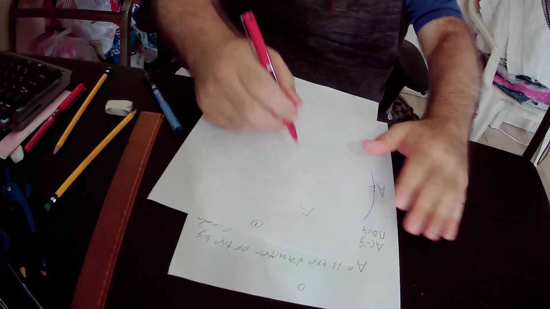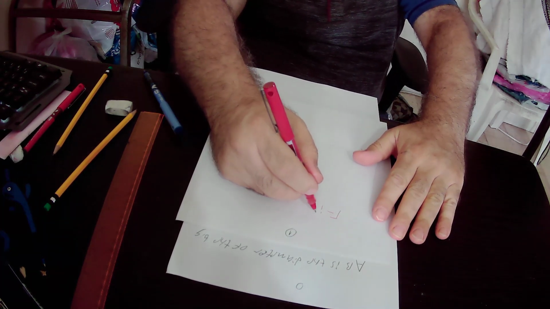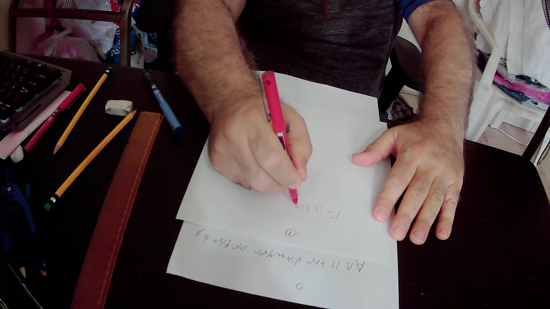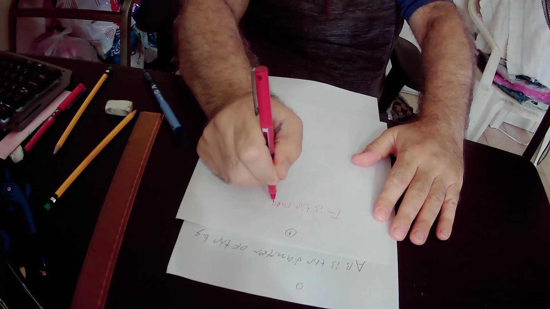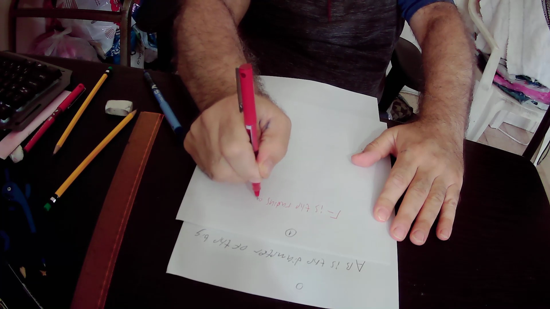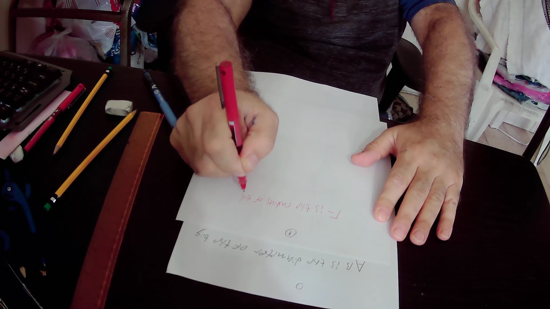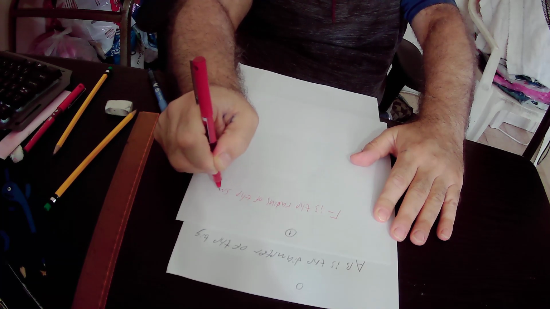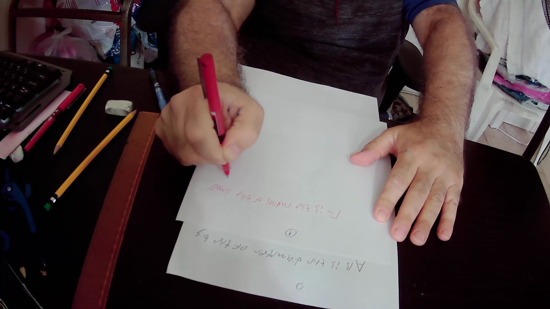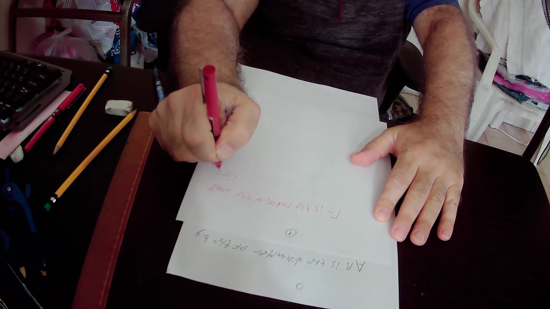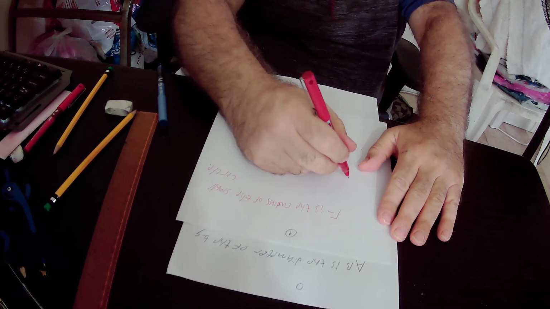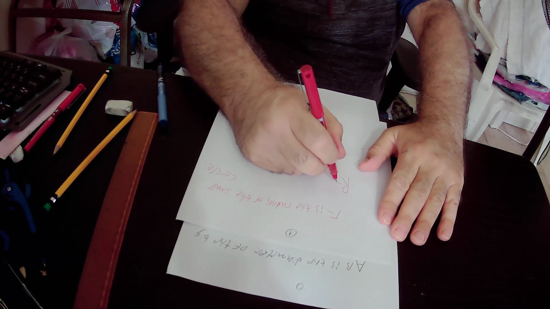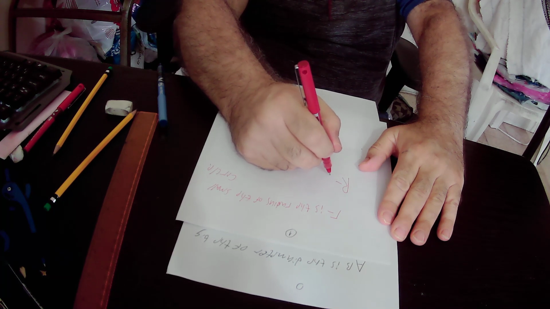Small r is the radius of the small circle. And let's define capital R as the radius of the big circle.